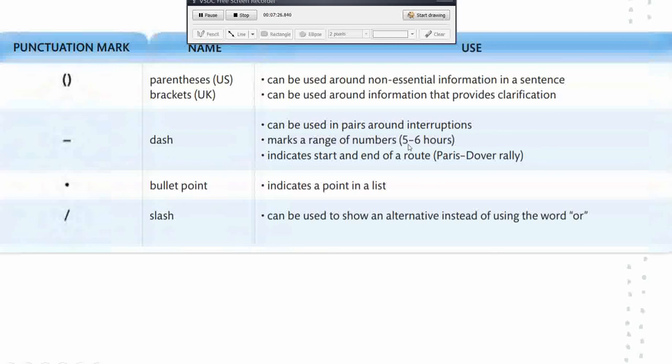That means if you're mentioning 5 to 6 hours or page number 6 to 7, a dash is marked in between. Or it indicates start and end of a route, for example, Paris to Dover Rally. In between, a dash is marked.